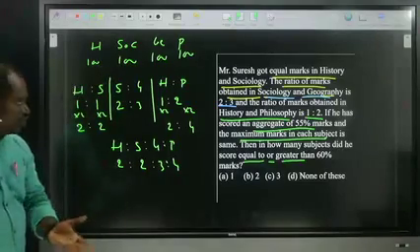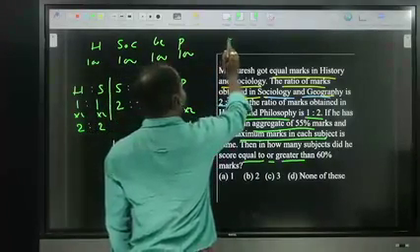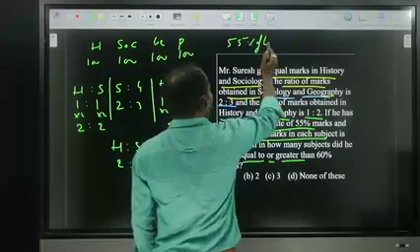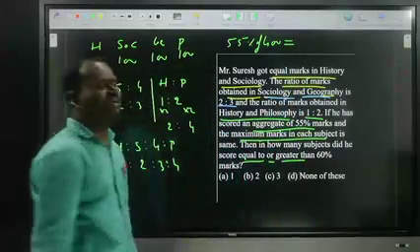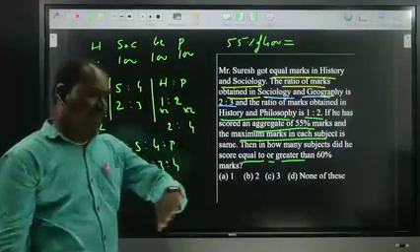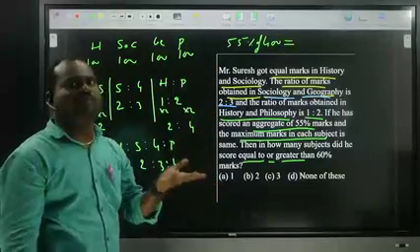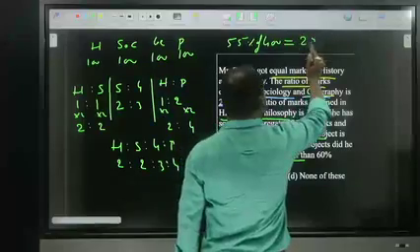That means his score will be 55% of 400. 55% is 50% plus 5%. 50% means half, 200. 5% means 20. So his total score is 220.